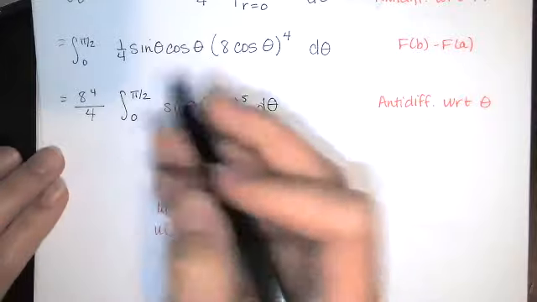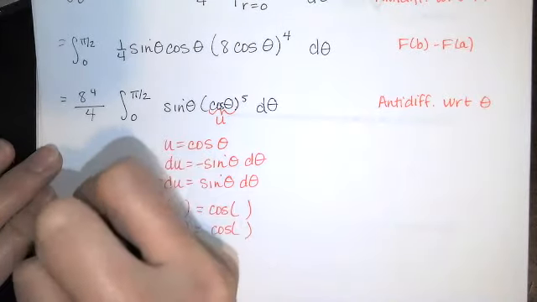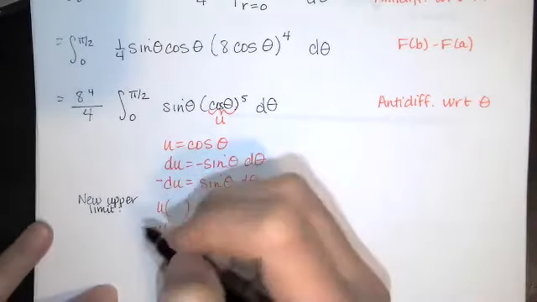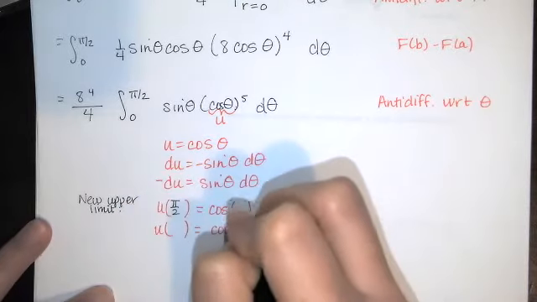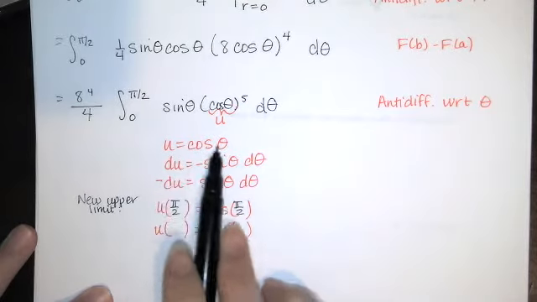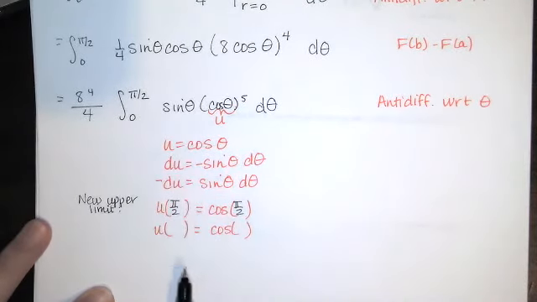So this was our upper limit. So the new upper bound of integration comes from substituting the old upper limit of integration into the formula for u, that u function that we chose.